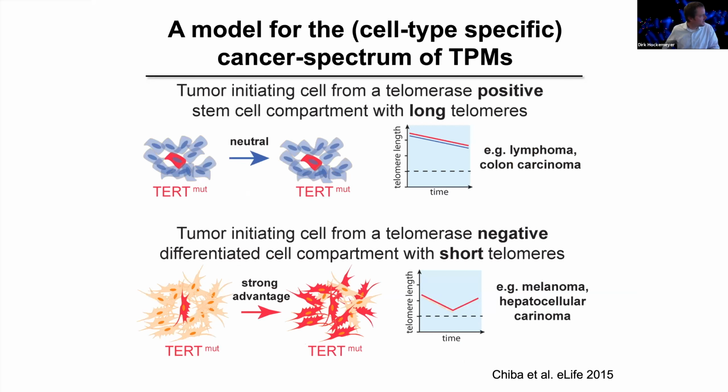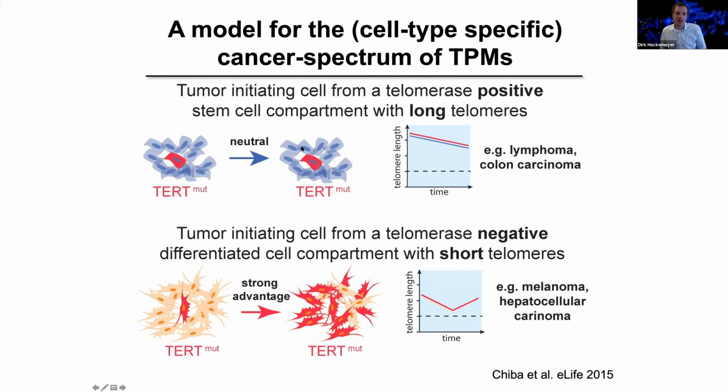So with this, I think we had already insight into one of the key features of these mutations by highlighting that a TERT promoter mutation in a cell that is normally telomerase positive, like a stem cell that is giving rise to colon cancer or to lymphoma, might be neutral and not be positively selected because this cell is already immortal, has a telomerase expression.